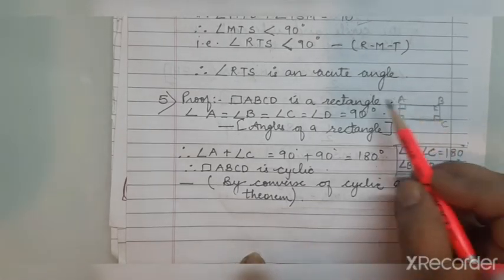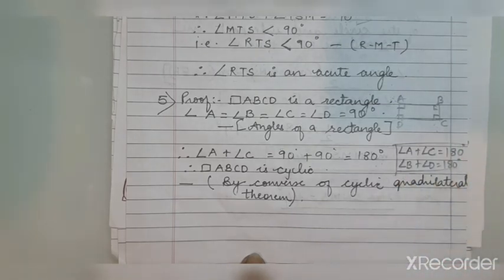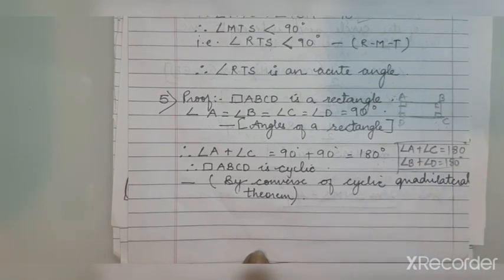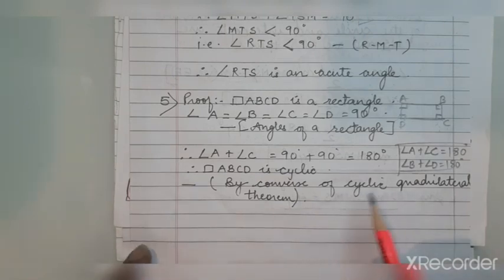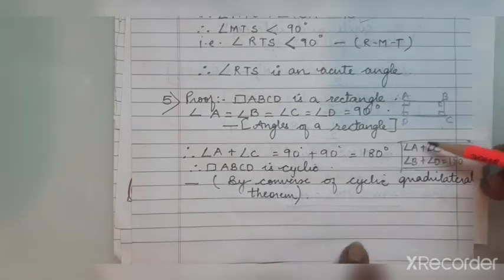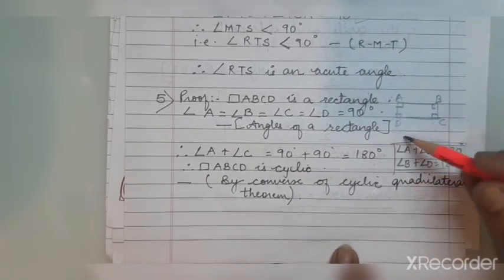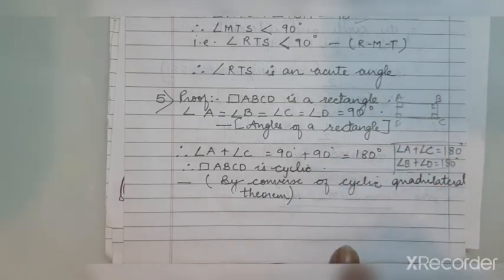So, if rectangles also have the same property, then every rectangle is a cyclic quadrilateral, or is cyclic. And this we prove by the converse of the cyclic quadrilateral theorem. Because in the converse, it is the same thing: first they give that the opposite angles of a quadrilateral are supplementary and therefore the quadrilateral is cyclic.